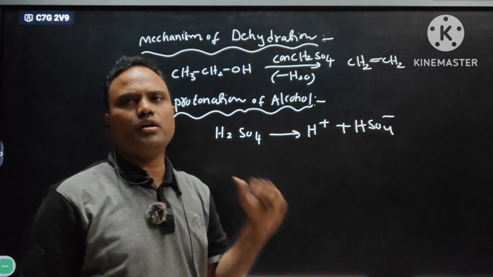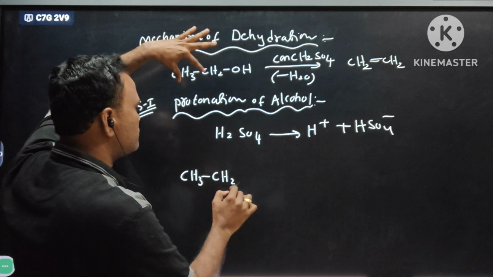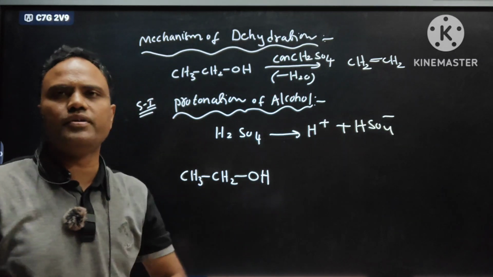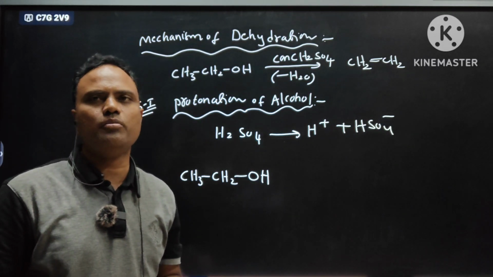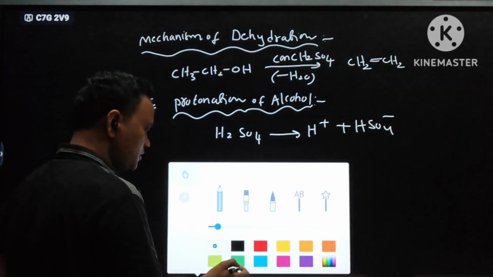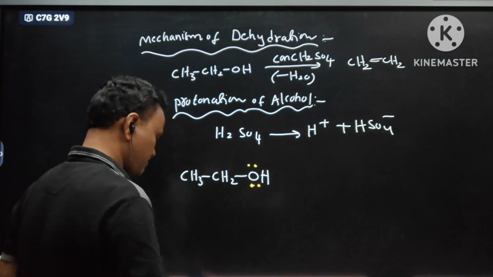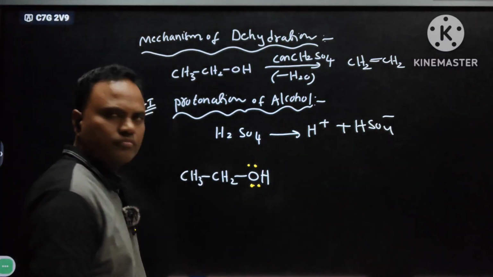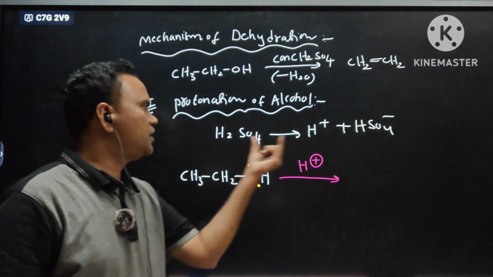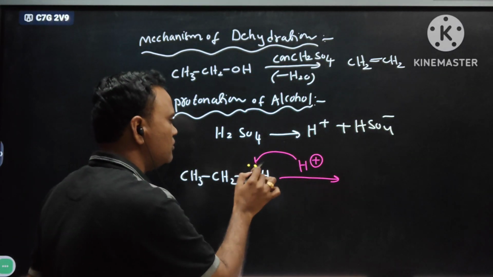Step 1 is protonation of alcohol. I am taking this alcohol, CH3CH2OH. Oxygen has 2 lone pairs of electrons. The proton released by sulfuric acid will be added to oxygen.